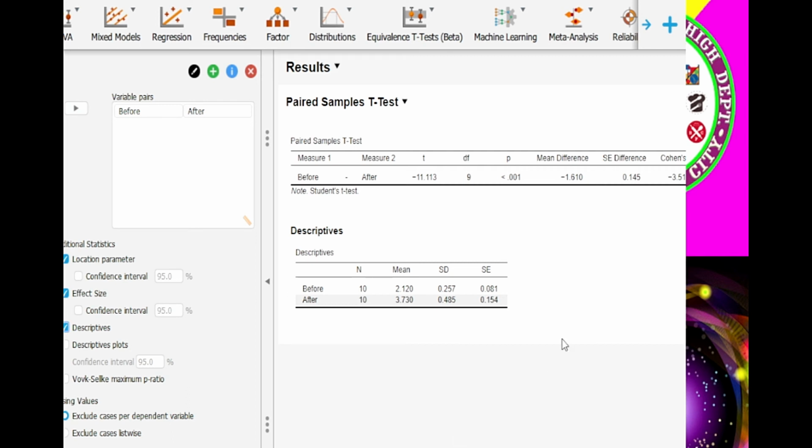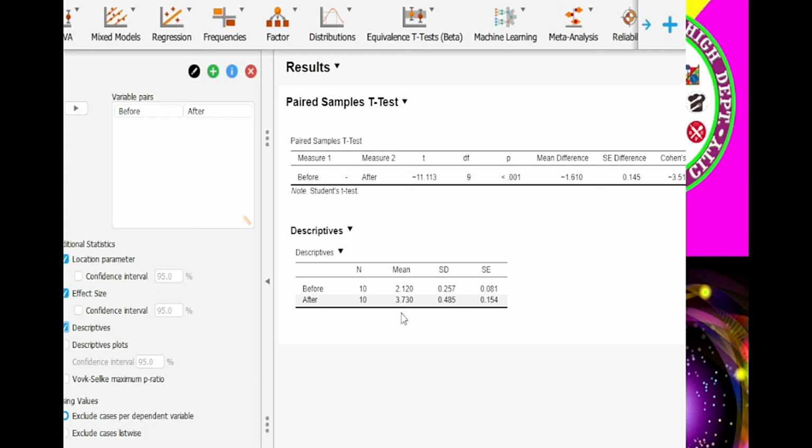Here we can see the result, which is the same. We computed 11.113. You can look at the p-value, which is less than 0.01, so it means it is significant. Okay, so take note of that.